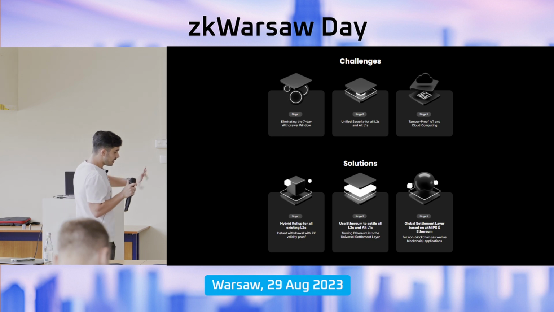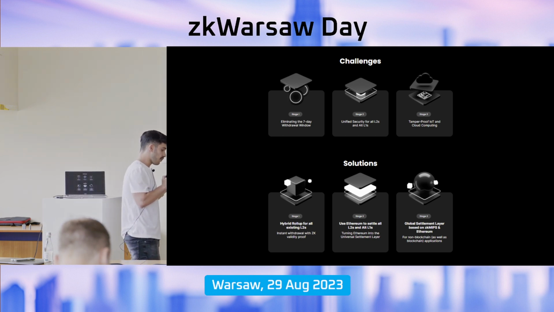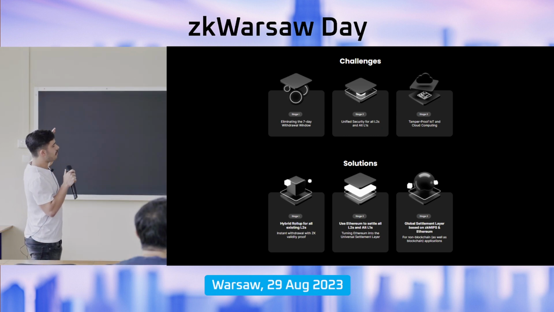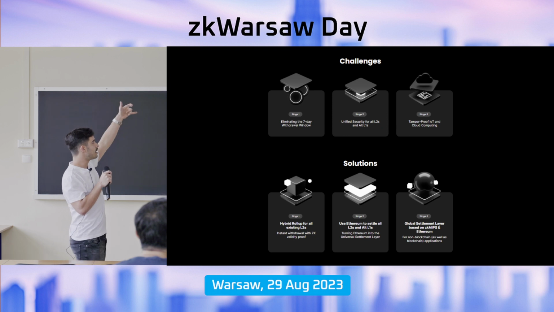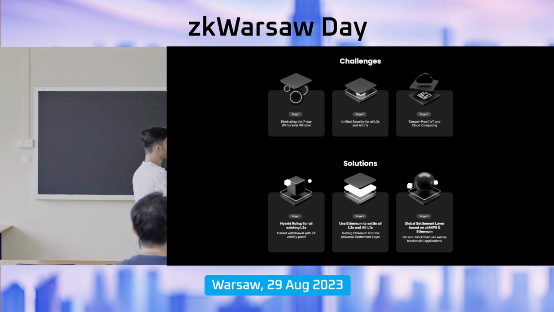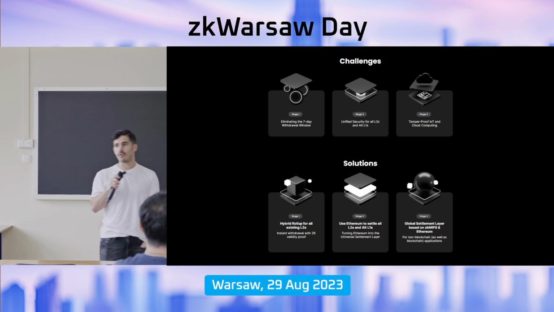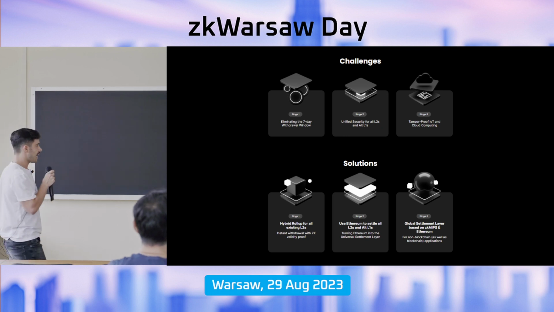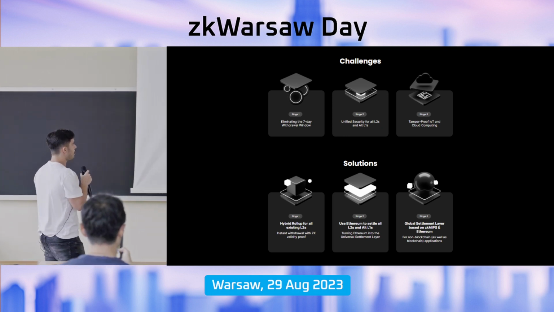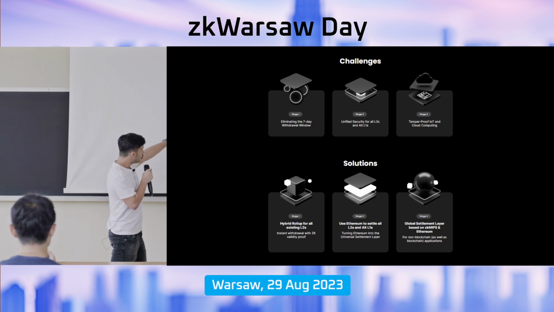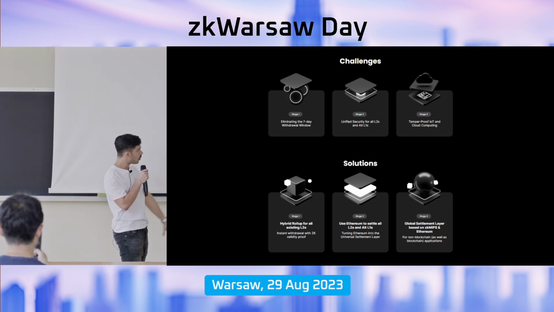Tapping into ZKM, which was what we mentioned at first, here it identifies some of the main challenges that we see nowadays, which are eliminating the 7-day withdrawal window, unified security for all L2s and L1s, and tamper-proof IoT devices. And some of the solutions that can be put in place would be a potential hybrid rollup solution for all L2s, no 7-day withdrawal window.